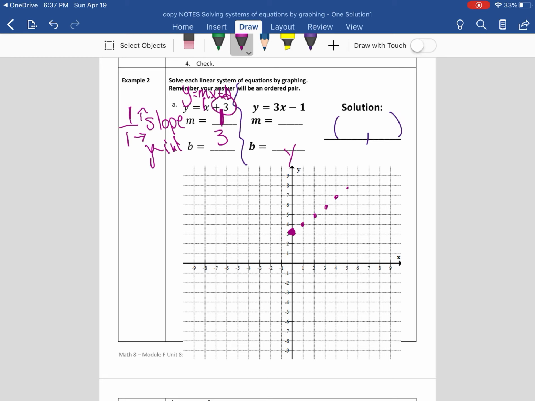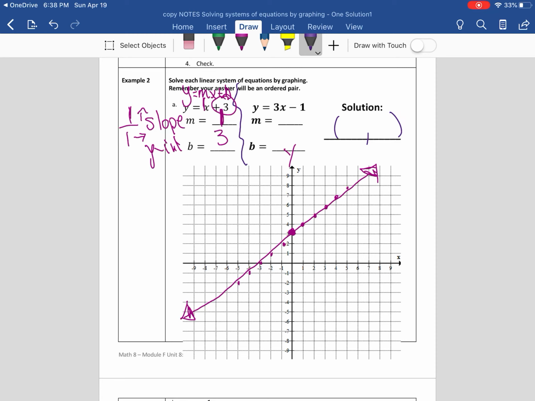Because the more points you have, the easier it will be to graph. Then let's go backwards. Instead of right 1, up 1, left 1, down 1, left 1, down 1. All right? So then you make your line the best that you can with your arrows at the end. All right? And now we just graphed y equals x plus 3.